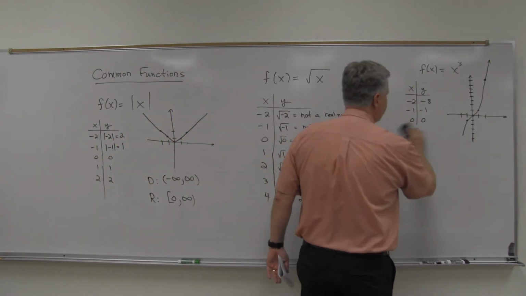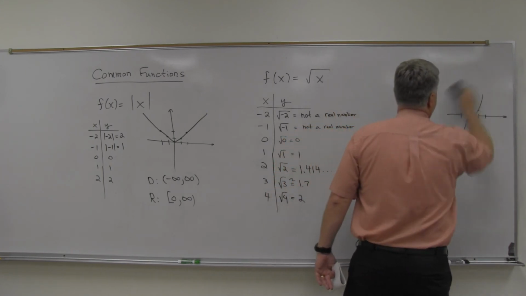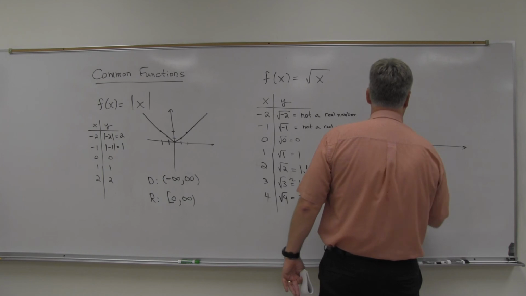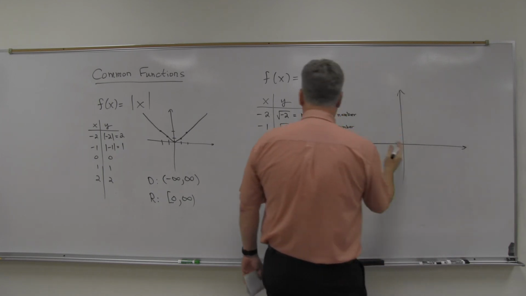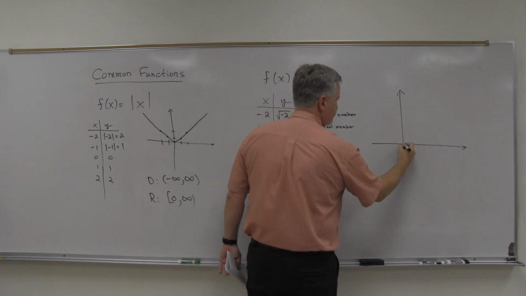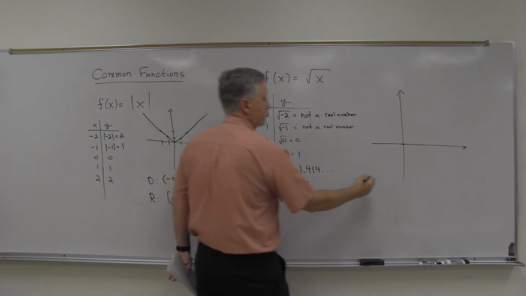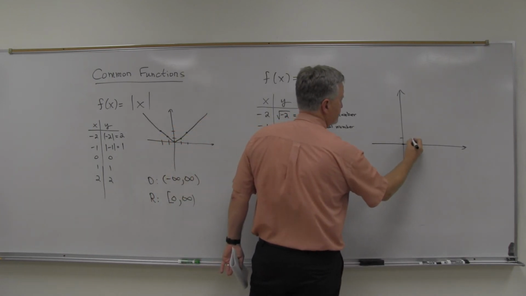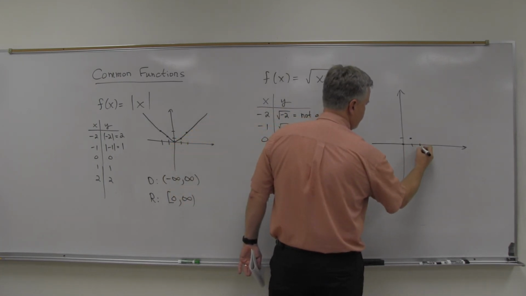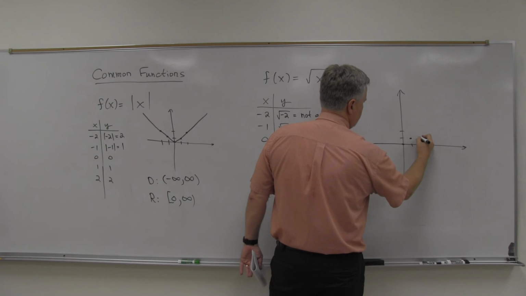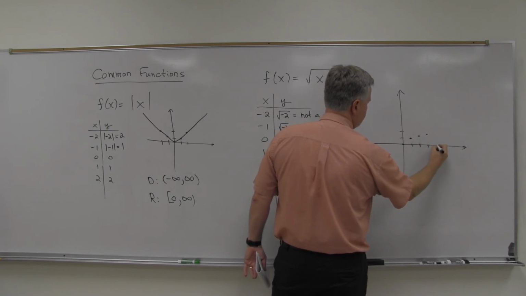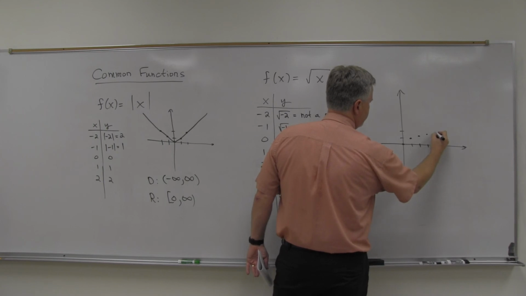So here's what shape we run into on this one. Nothing on the x's negative side. Starts at 0, 0. Goes to 1, 1. And then 2, we're at 1.4, so it's not much higher than that. 3 is a little bit higher, 1.7. 4 is at 2.